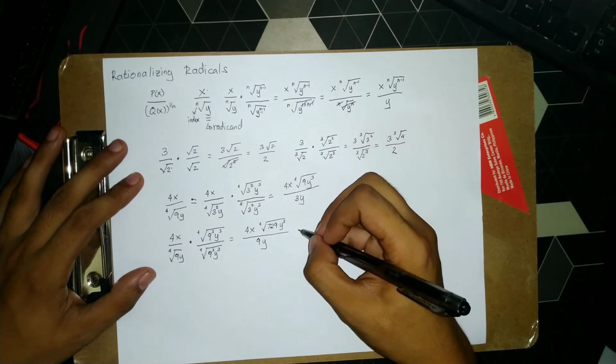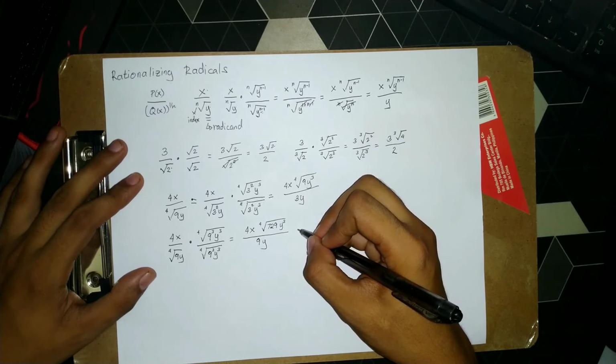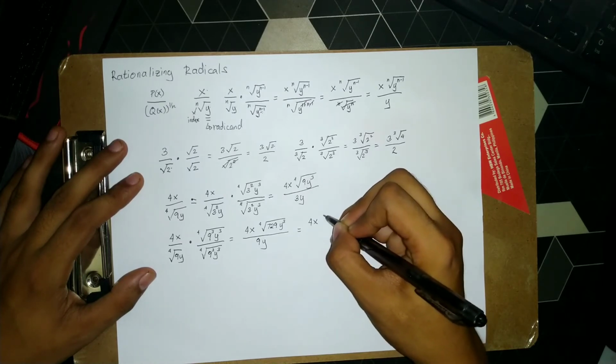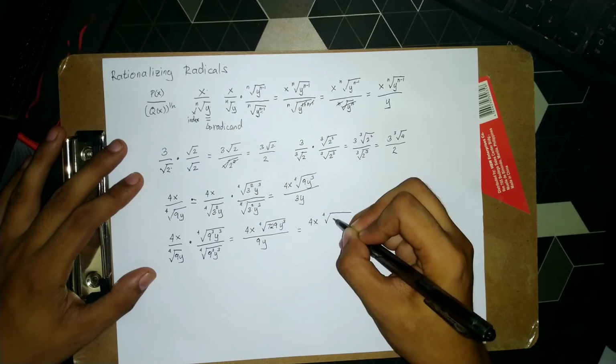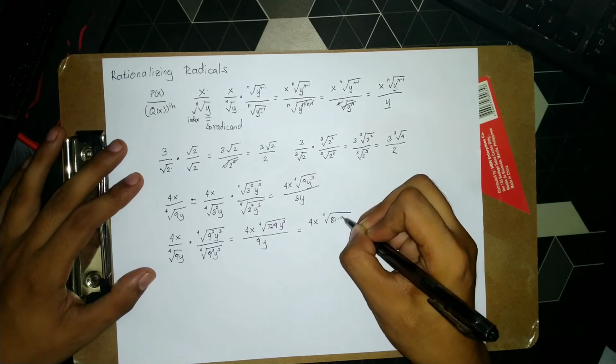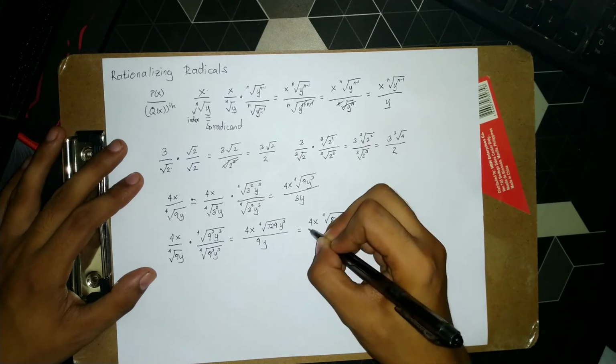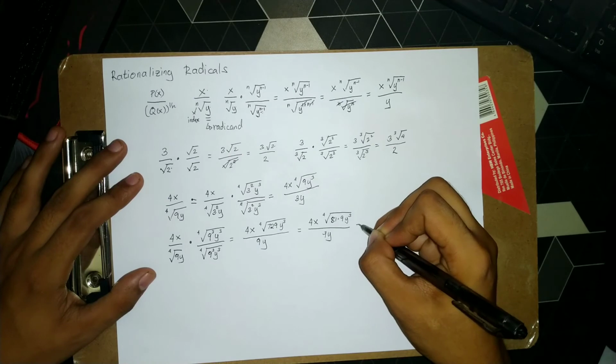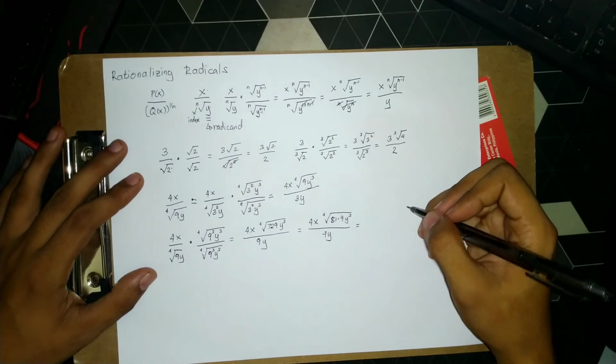729 is 81 times 9. So this would give us 4x, the fourth root of 81 times 9 y raised to 3 over 9y. The fourth root of 81 is 3.